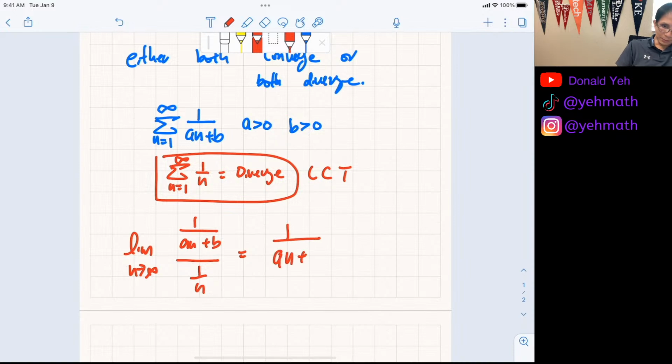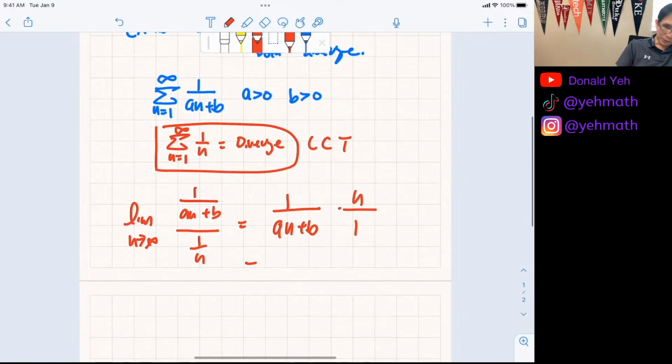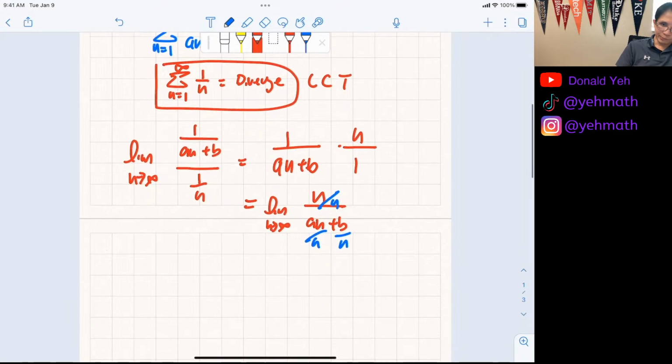So it's n over an plus b as the limit of n approaches infinity. You can choose to do L'Hopital's rule, but I choose to do this because I don't think it is really complex.